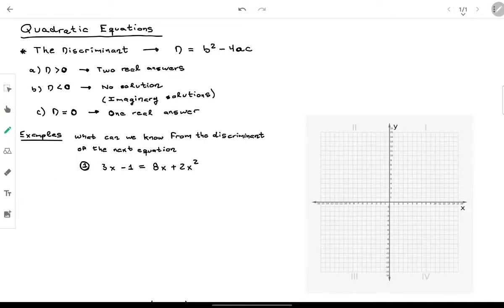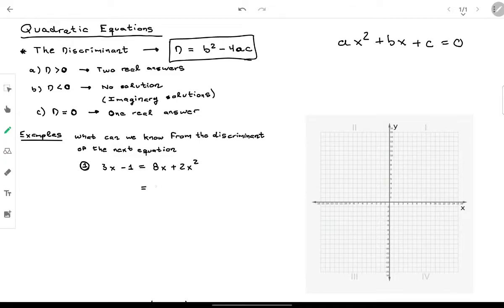So let's see. Of course, we are talking about only knowing the information of the equation by the discriminant. Remember, the discriminant formula is going to be d equals b squared minus 4ac. So in this case, the first thing we need to know is, remember, a quadratic equation must have the structure ax squared plus bx plus c equals to 0. So what happens in this specific example?